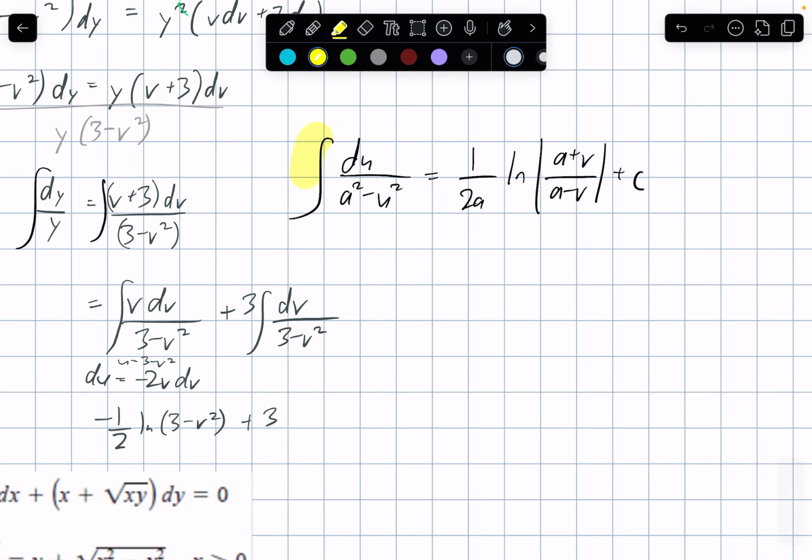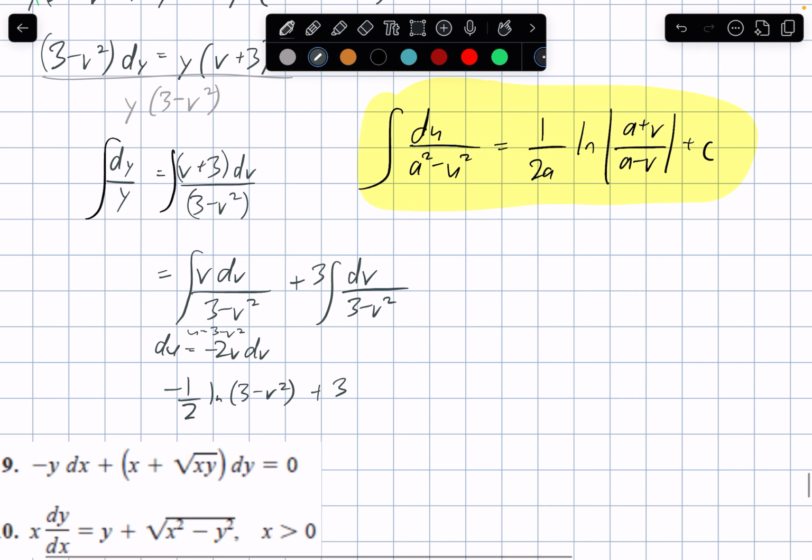So this is a legit formula. This is a new formula to me. Let's try to apply it. So a is equal to square root of 3 because a squared is 3. U is just v. Okay?